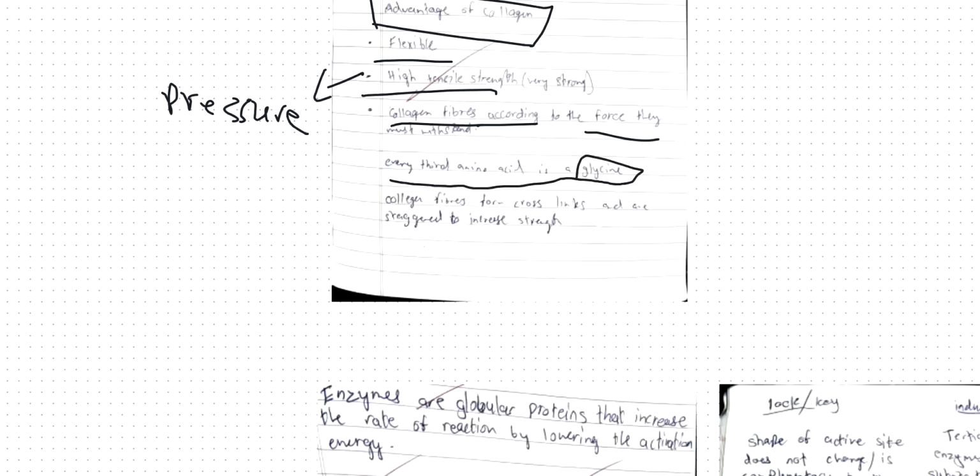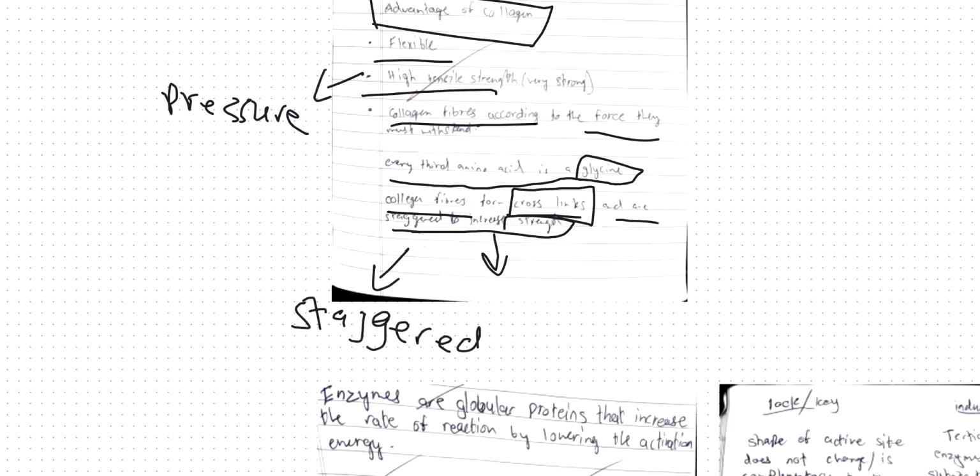And collagen fibers form cross links and are staggered to increase the strength. So the reason they can withstand high pressure is that collagen fibers have cross links and are staggered. Staggered, this is a very specific word. Staggered to increase strength.